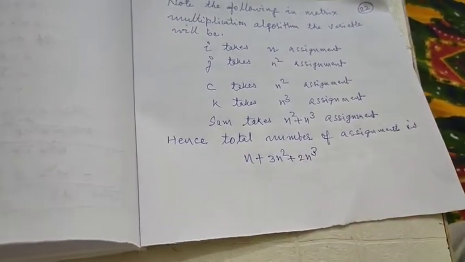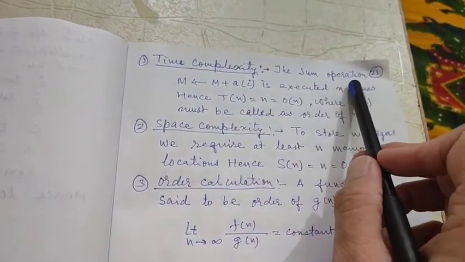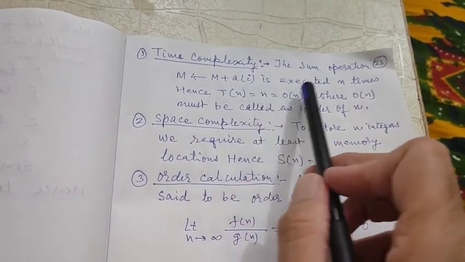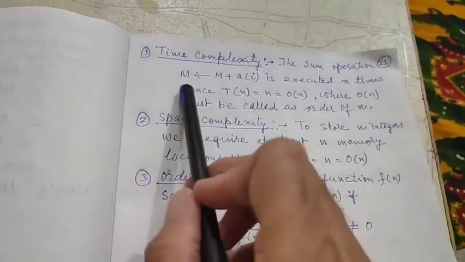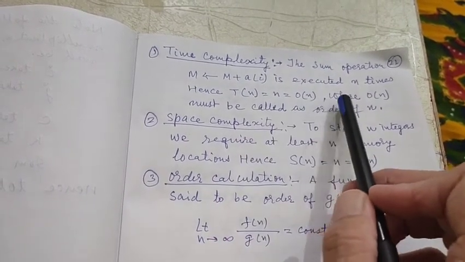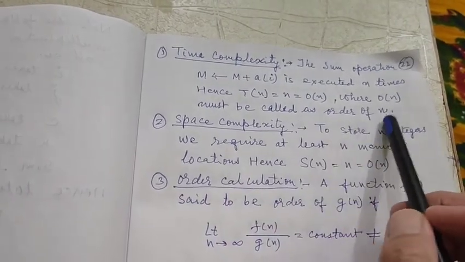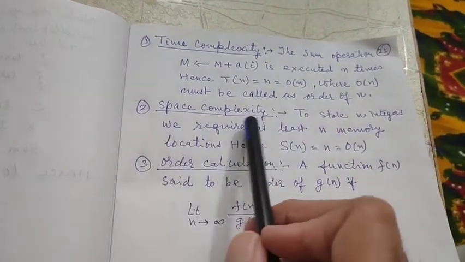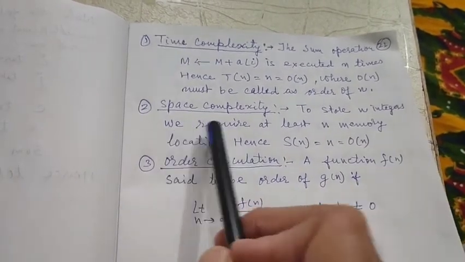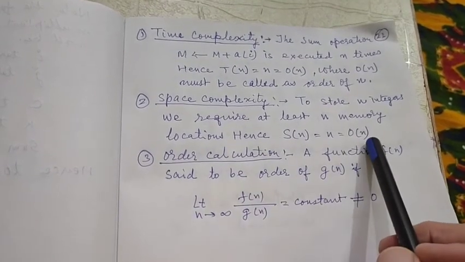So total is this. What is time complexity? The sum operation is executed n times. Hence, time complexity of n is order of n. Space complexity: to store n integers, we require at least n memory locations, hence S(n) is order of n.